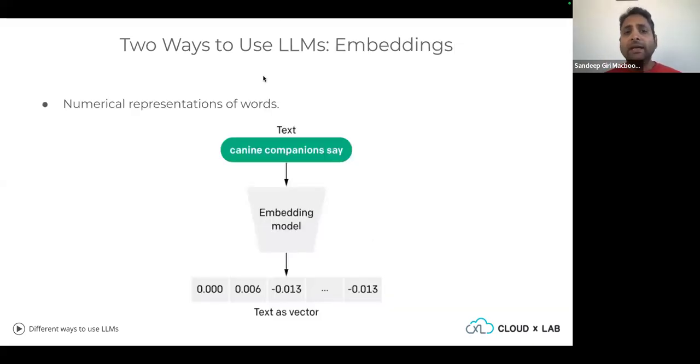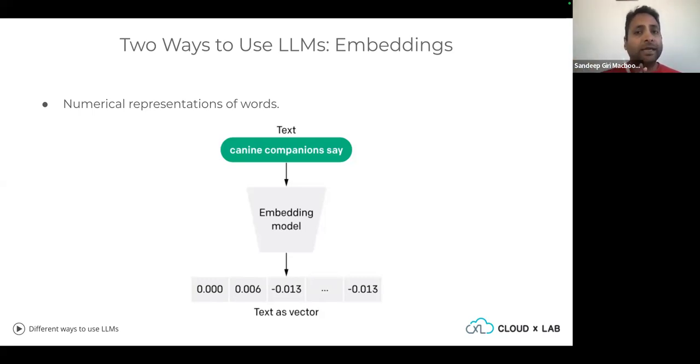Now, there is another very important way to use large language models. That one is by using embeddings. Now, instead of asking a large language model to generate an answer or a text or a response, you ask it to generate an embedding. So what researchers realized is that embeddings are basically representing the meaning of a sentence.